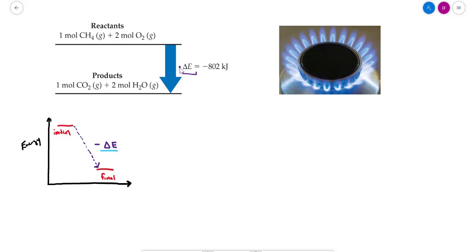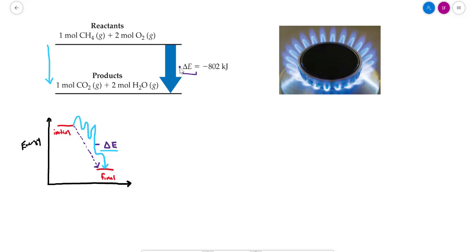Let's think about this hypothetical scenario. Let's say that from methane to CO2 and water in this reaction, it actually goes through several intermediates, and some of those intermediates are higher or lower energy. Doesn't matter. In the end, it still ends up with CO2 and water, and the overall delta E is still the same.